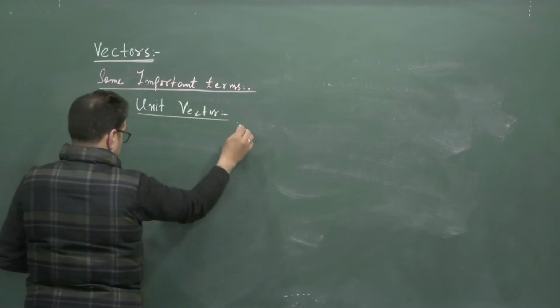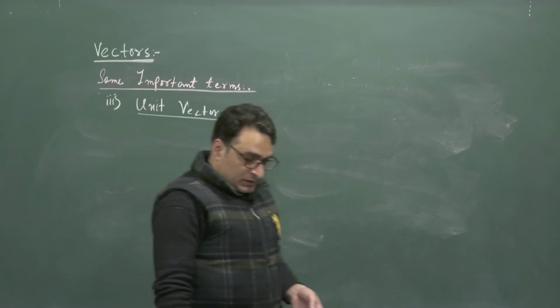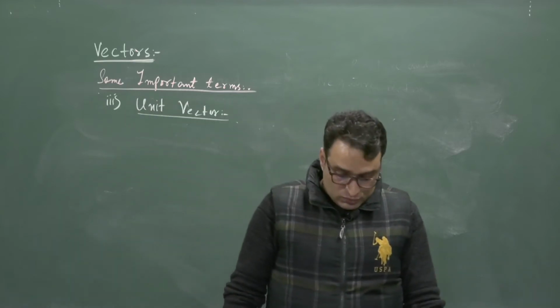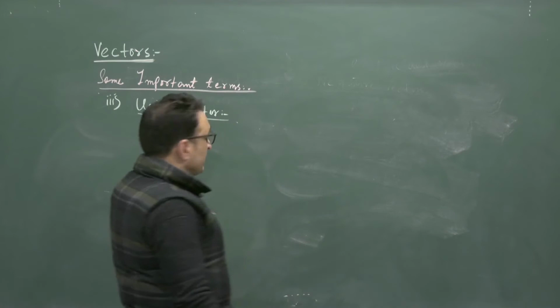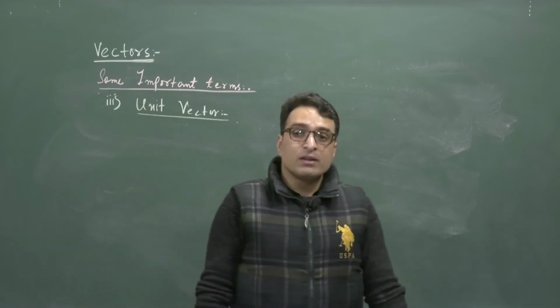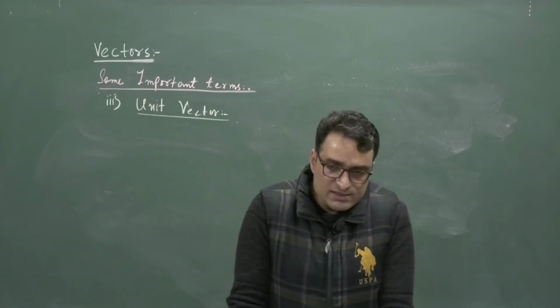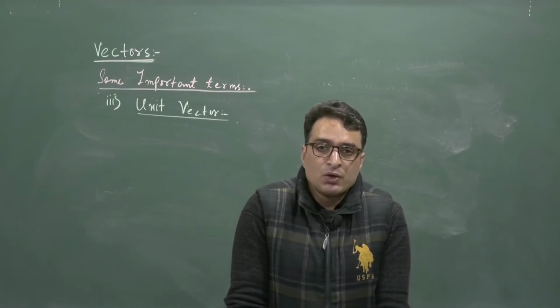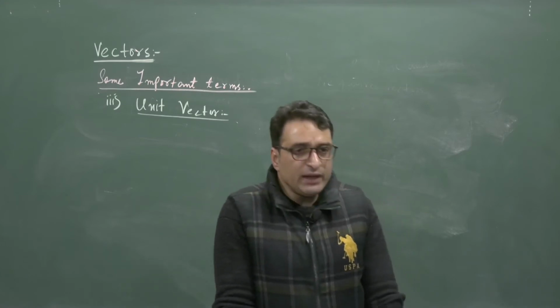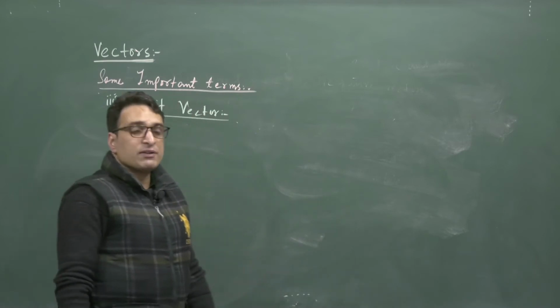Unit vector. Now, the unit vector of a given vector is that vector whose magnitude is 1 and direction is the same as that of the given vector.